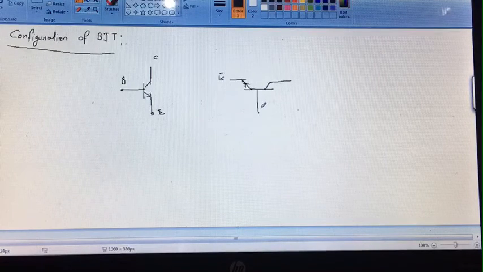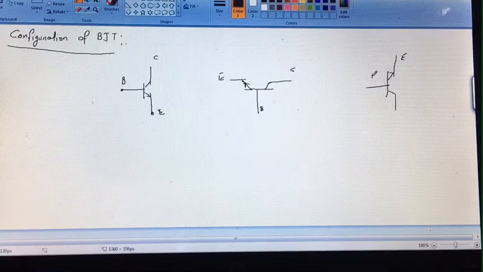Emitter, base, collector, and also it will be in such manner also. Emitter, base, and this is collector. We need two terminals to connect with the battery, one with positive and the other with negative.